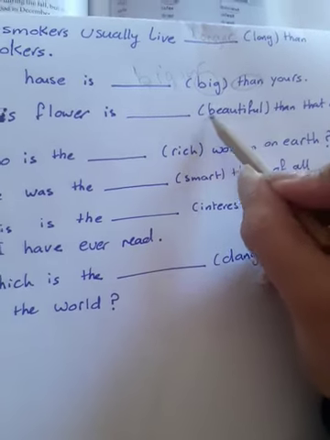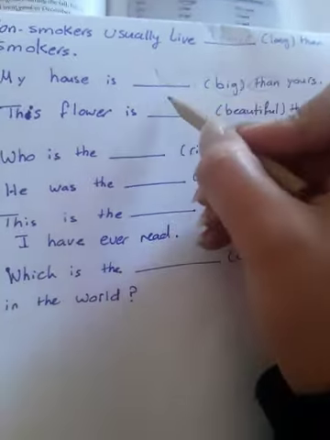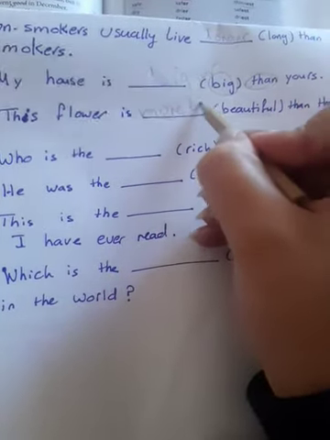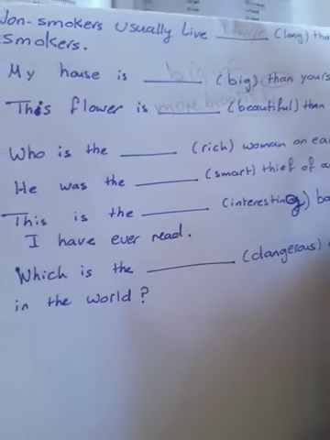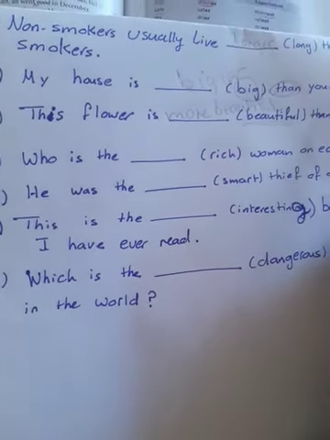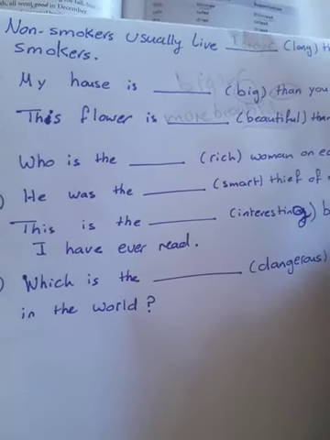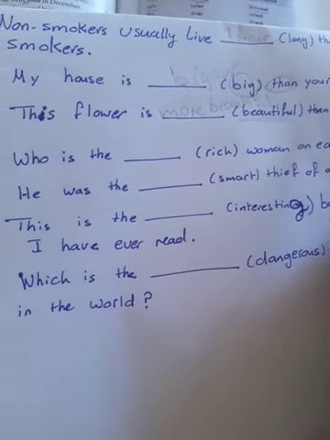Beautiful. So because of that, you can't add er to this adjective. In this case, you have to add more, more beautiful. Okay? So these are the rules of using the regular comparative structure.